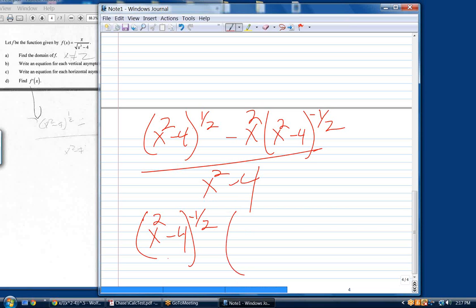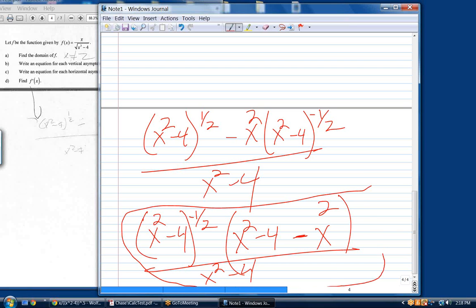If I divide that by x squared minus 4 to the 1/2, I get x squared minus 4 to the 1, minus x squared, and when I divide that, I get 0. So that's the first step. Okay, so can you see that that is the same as what we started with?